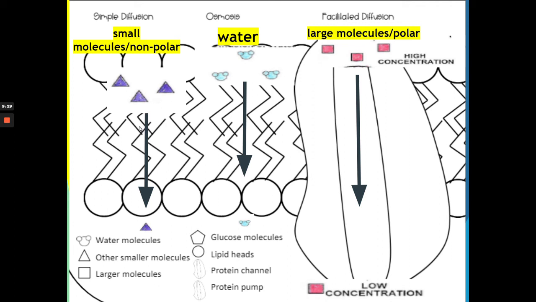Every single one of these situations, we're going from high to low, just to fill in those empty spaces and reach that balance, that equilibrium, because it is so simple and so easy, and it is the easiest pathway to get to equilibrium. All of these situations do not require an input of energy. So basically, they're free for the cell. They don't require input of ATP.